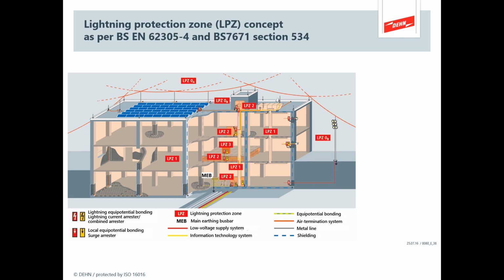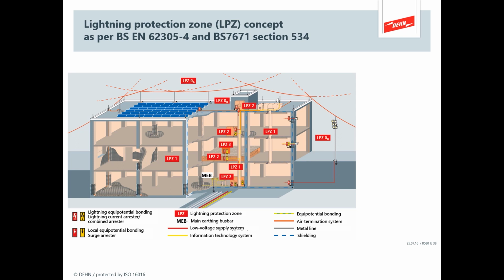And because this is an isolated system, which is involving masts and pointy things to protect the objects on the roof, as opposed to just cross-bonding everything, I effectively now have an LPZ0A, which is beyond the protection afforded by the LPS, and LPZ0B, which is underneath that umbrella of protection afforded by the LPS. And you can see those arcs on the roof, that's the rolling sphere as it went over the roof to establish where the LPS was going to be fitted. So the external zone has now been subdivided into protected and unprotected.